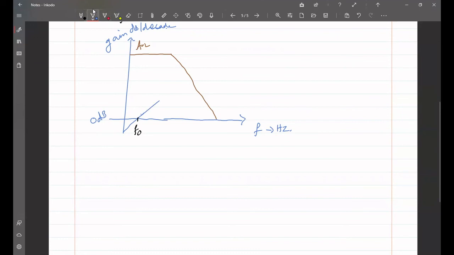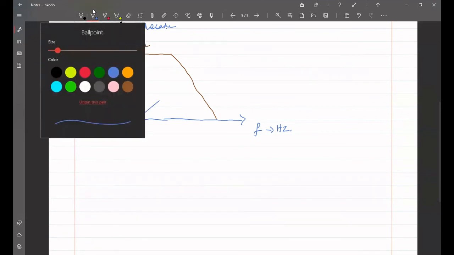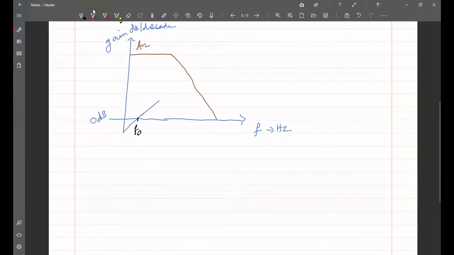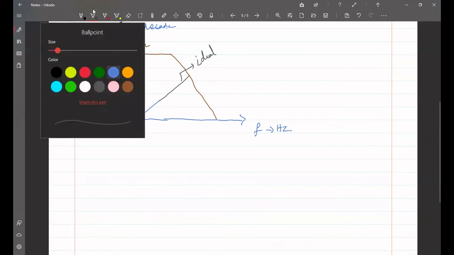When you see an ideal differentiator circuit, as the frequency increases, the corresponding gain will keep on increasing. This is for ideal.